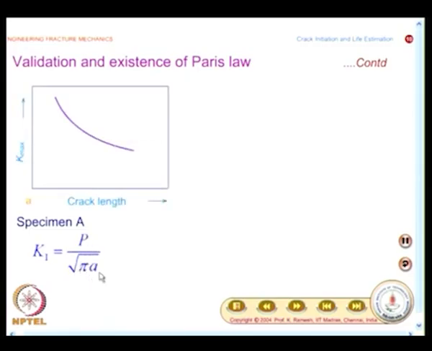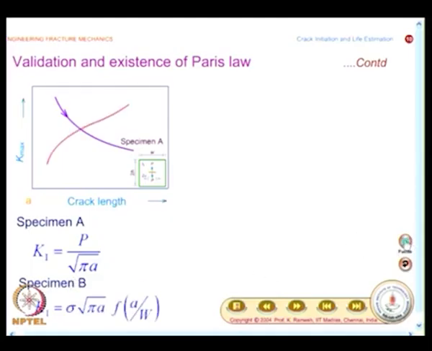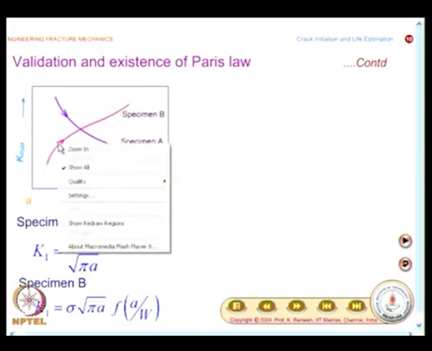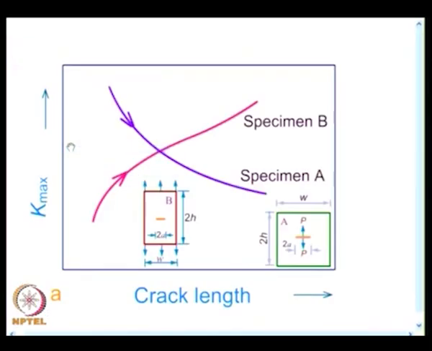So, as the crack length increases, the stress intensity factor decreases. They considered specimen B, wherein as the crack length increases, the stress intensity factor also increases. You can have a clear view in this.